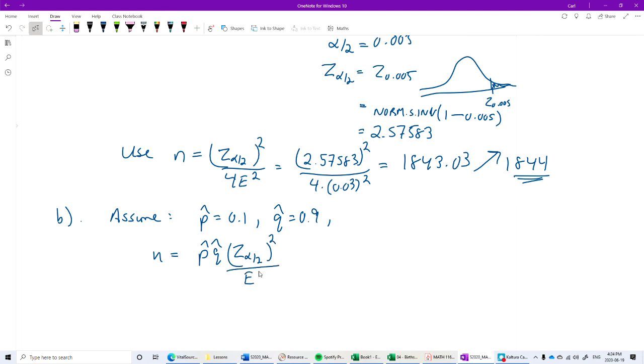So instead of dividing by 4e squared, it's just divided by e squared. So what do I get? 0.1 times 0.9, 2.57583 squared over e squared.